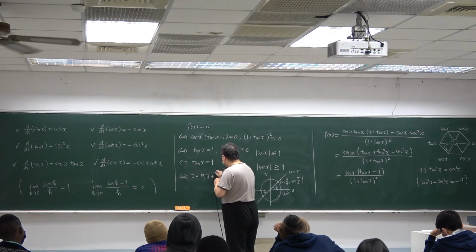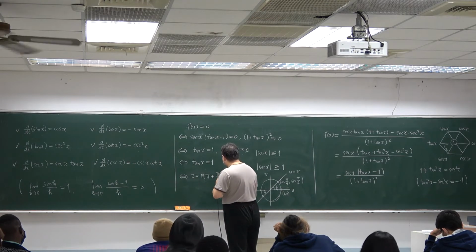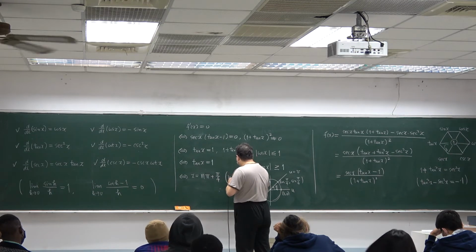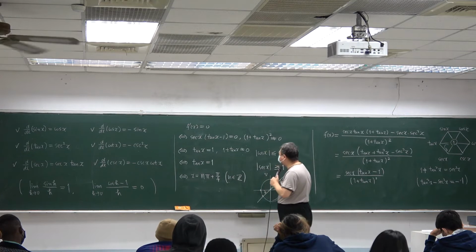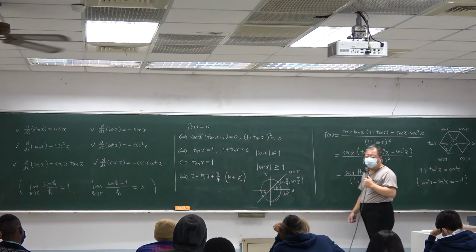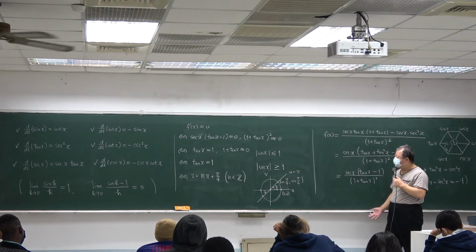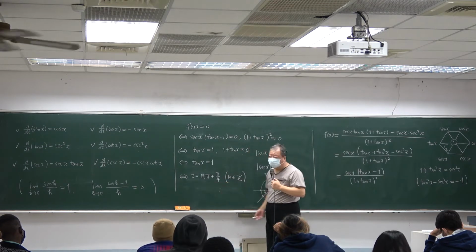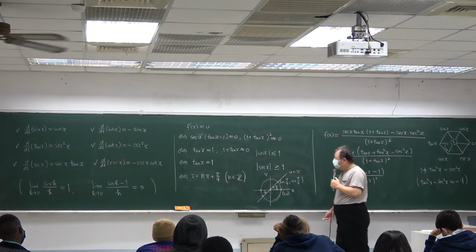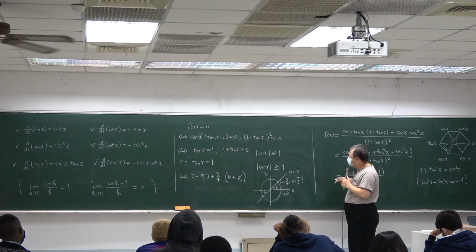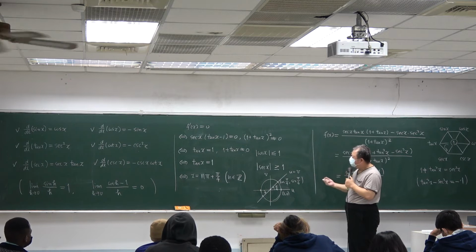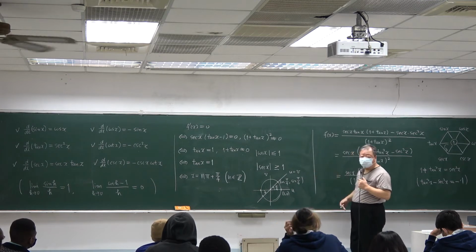So x is n pi plus pi over 4, where n is an integer. For those values of x, the tangent to the curve of this function f will have a horizontal tangent line.